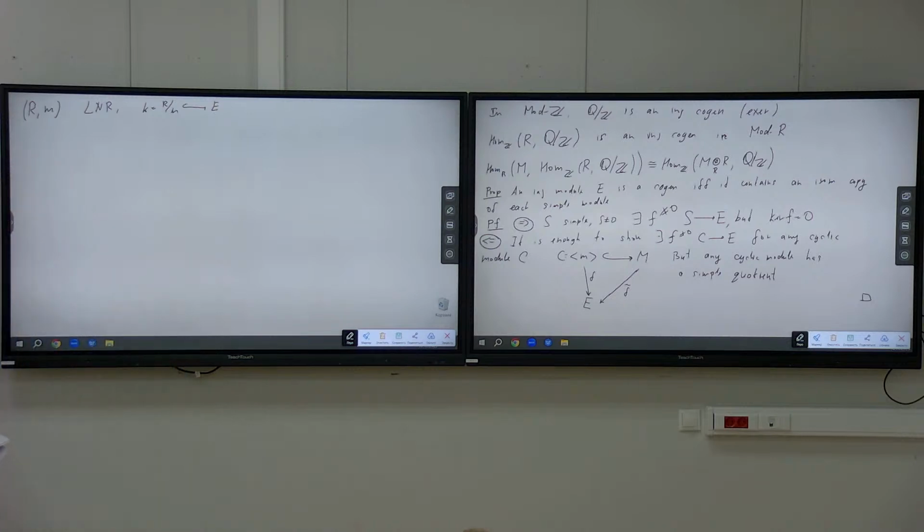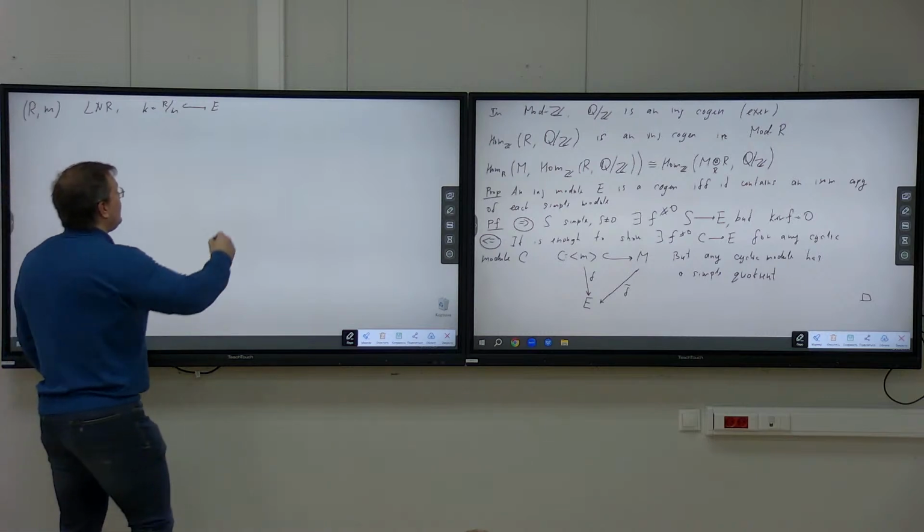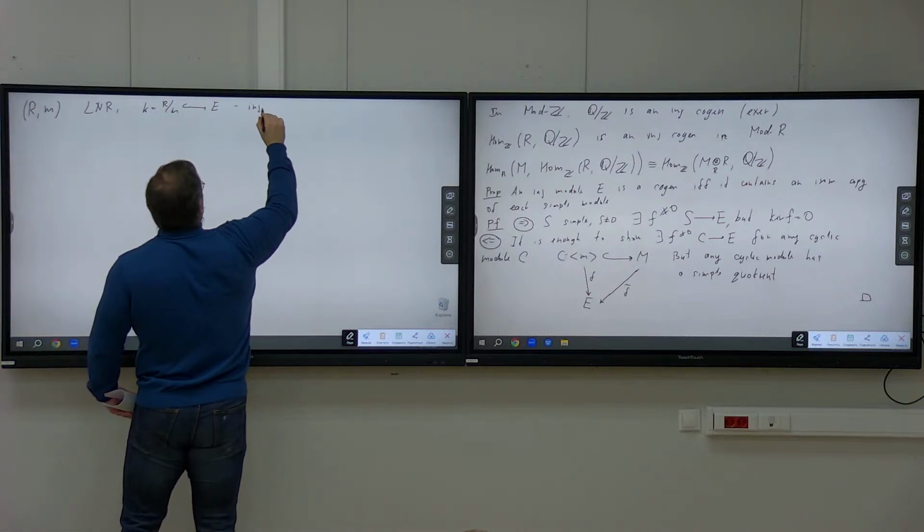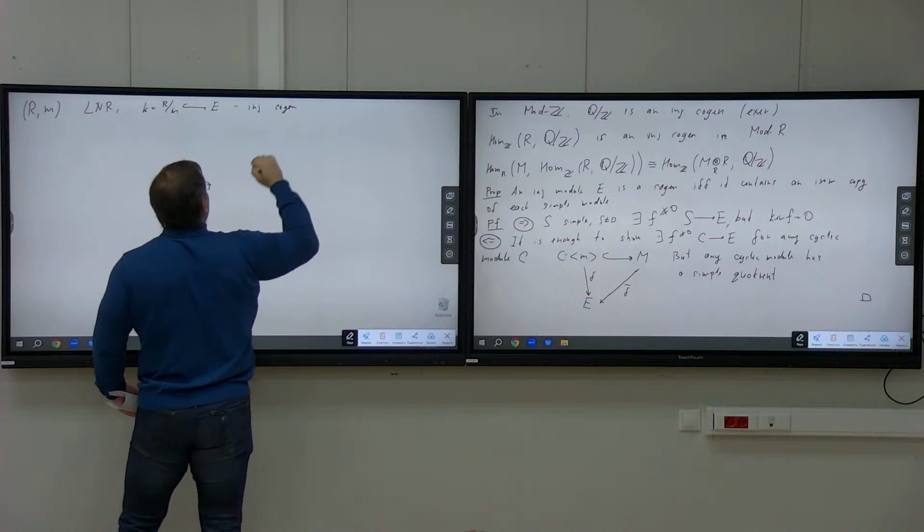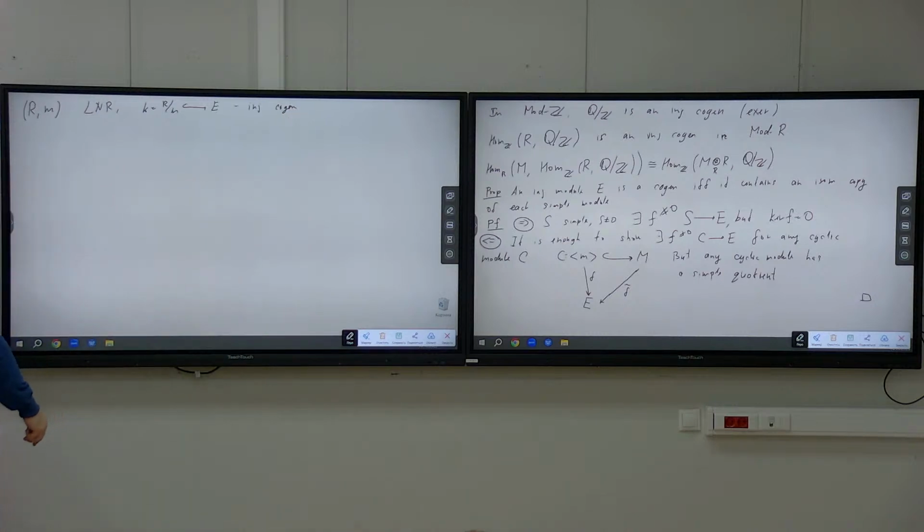Well, in some sense, you want to take the smallest possible such E. Then this E is an injective cogenerator of this category of modules over R, right?